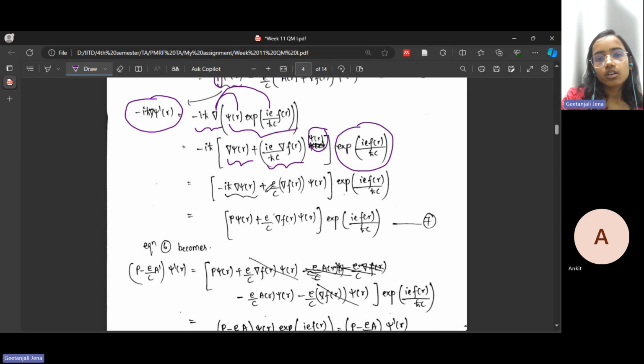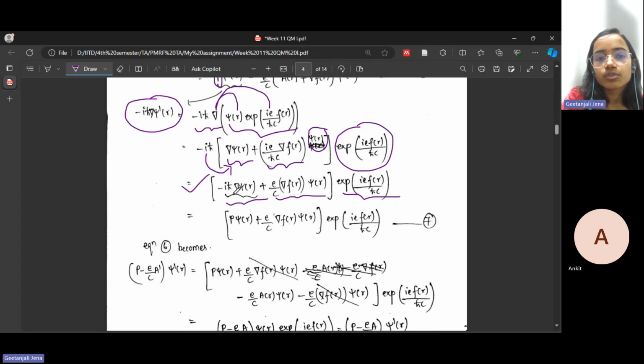So now in the third line, I have just included this minus iħ cot C. I have taken it inside. So you will get minus iħ cot delta psi of r and e by c delta of r psi of r with the exponential factor i e f r by ħ cot c.